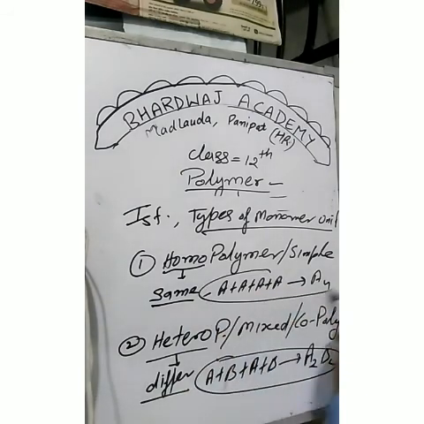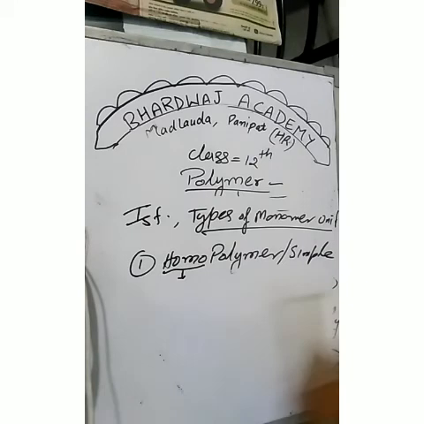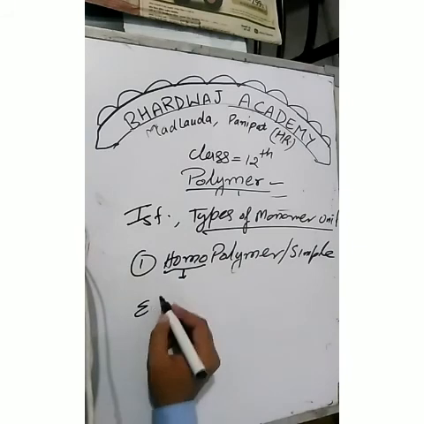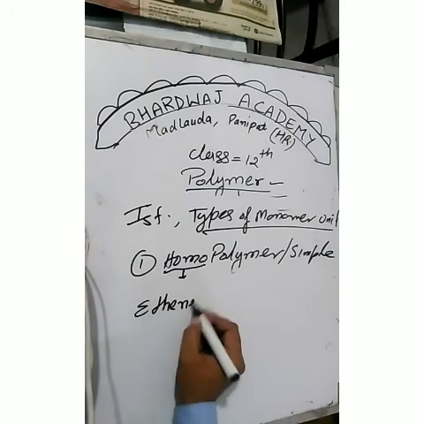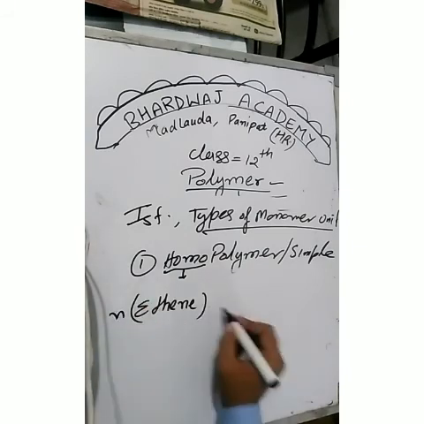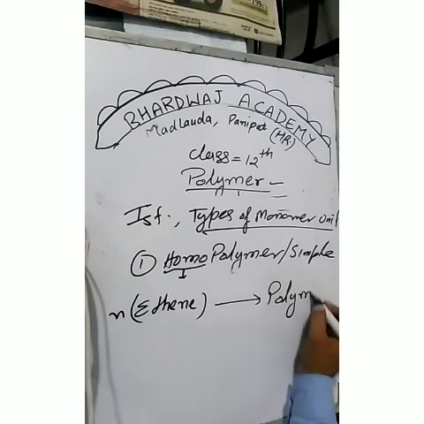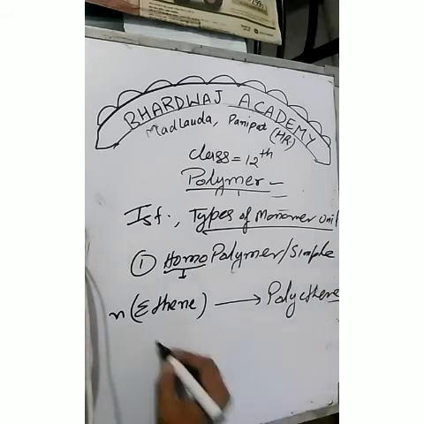This is the general example of homopolymer, and the perfect example of homopolymer is ethene. Many units of ethene combined together form polyethene. This is the monomer and this one is the polymer.